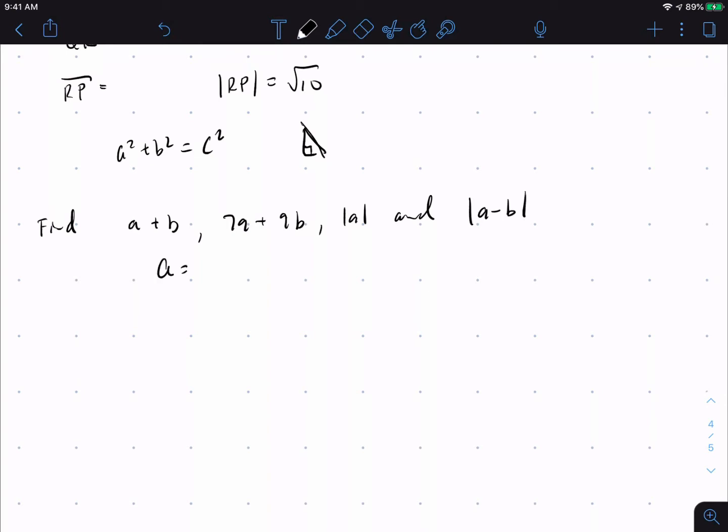If I give you that A is a vector -3, 4, and B is a vector 9, 1, we should be able to find this relatively easily, correct?